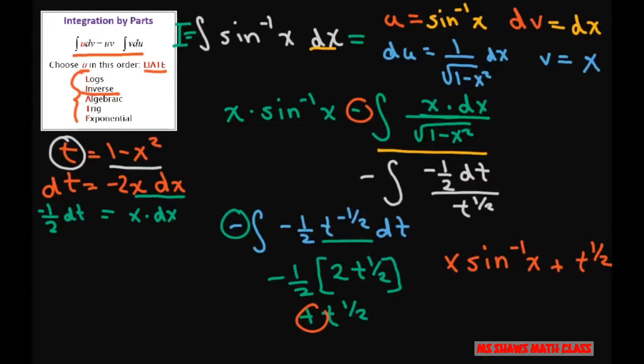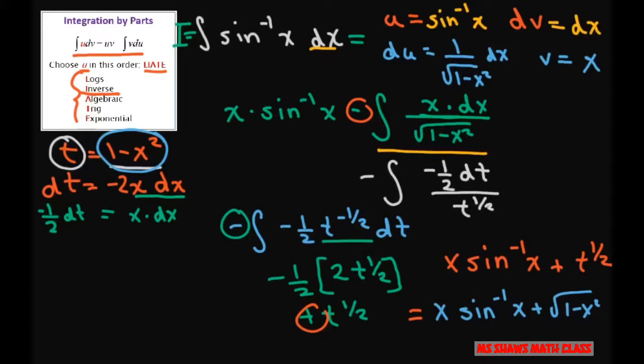And now let's substitute that back in. You know that 1/2 power is square root, so this is all going to equal x inverse sine of x plus the square root, and our t was 1 minus x squared.